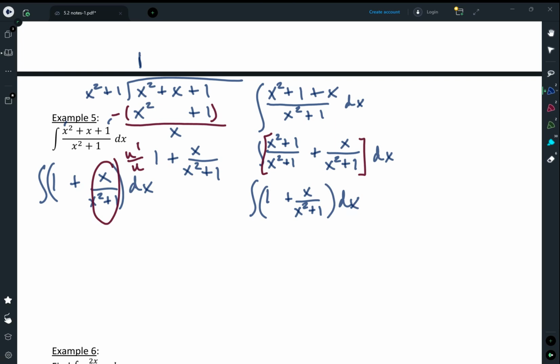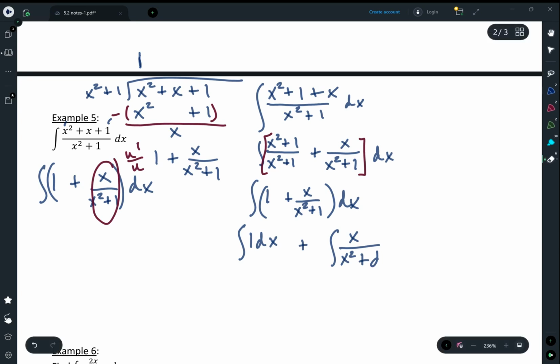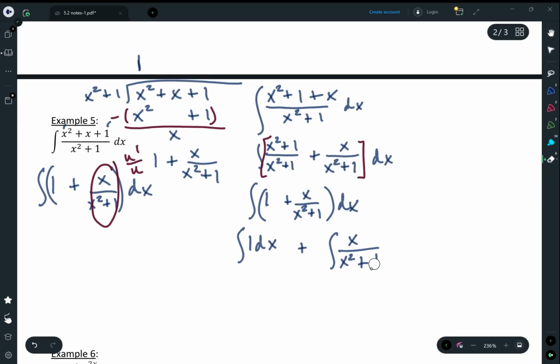I do need to split this into two integrals. You probably wouldn't have to. It's up to you. But I think for students, especially learning this, it really helps to split this up. And on my second integral, x squared plus 1, I was thinking dx and writing 1 at the same time.